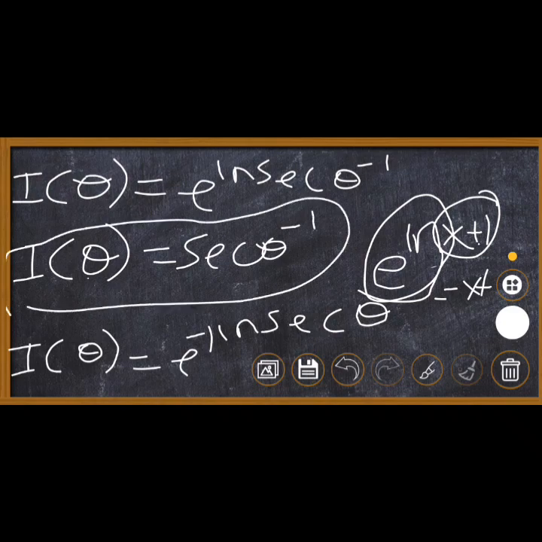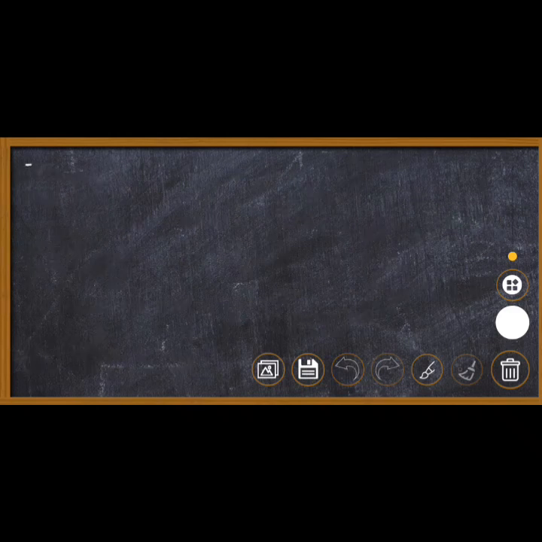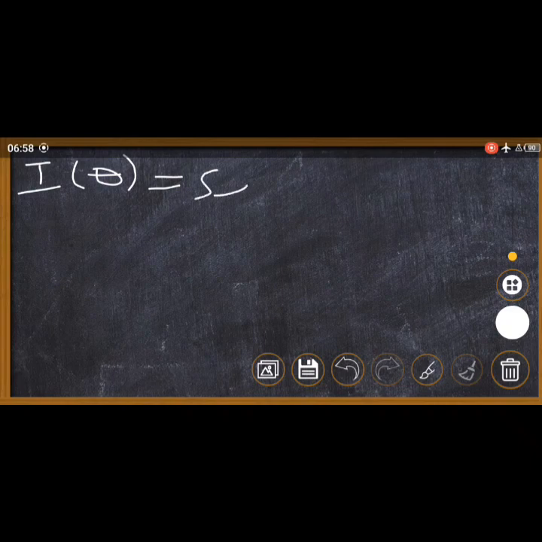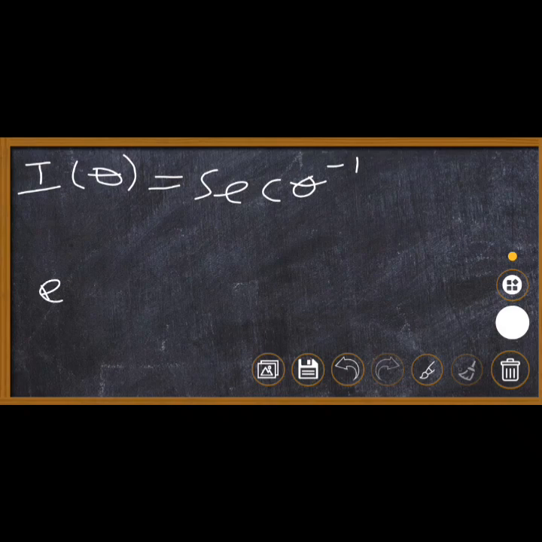So for the sake of understanding, let me remove some of the things there, there was a lot there. Always remember, if you had e raised to power ln of x squared, what could be the value here? It's x squared.